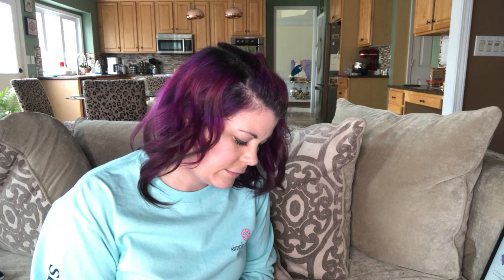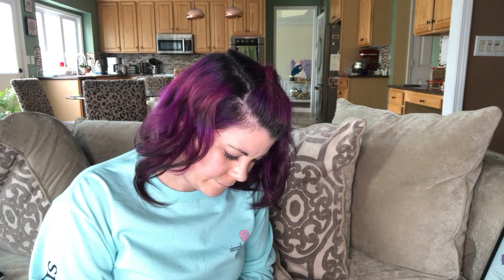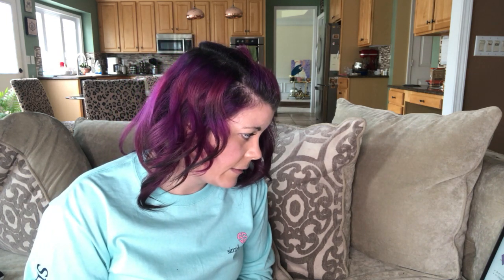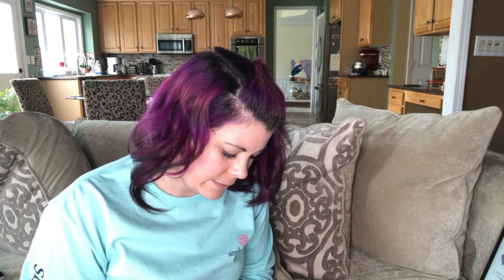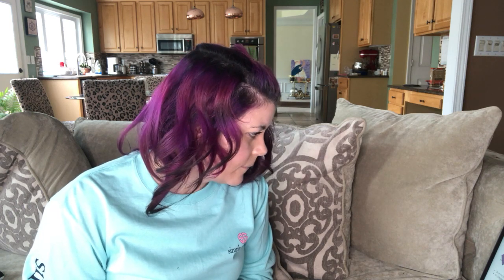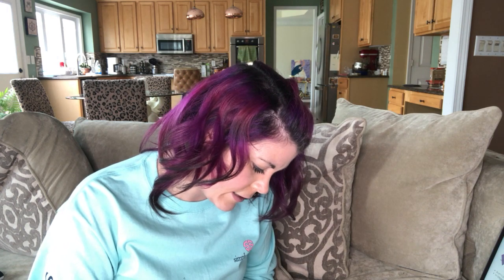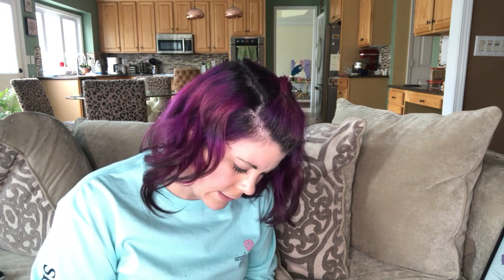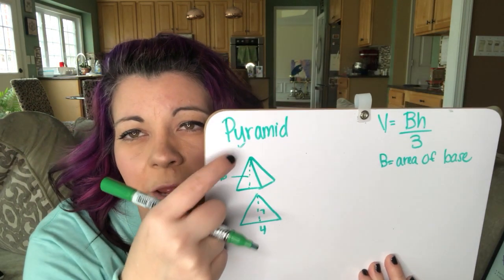So I'm just going to tell you the measurements of the base. We have a triangular pyramid, and the measurements of the base are 4 and 7, and then the height of the actual pyramid is 6. Okay, so this is the actual triangular pyramid.